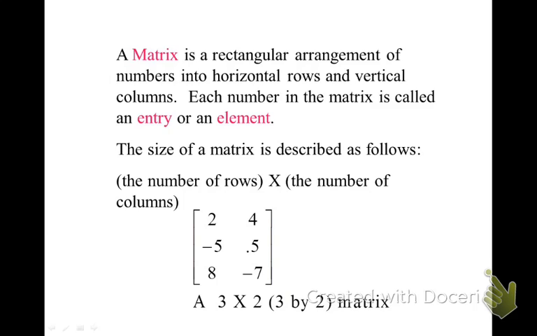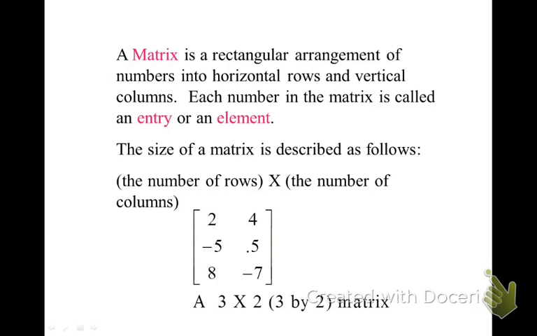The matrix that we have right here, we name it by row and column. So this is a 3-row, 2-column matrix. So we call it a 3 by 2. The first element in the matrix in row 1, column 1 is the number 2.